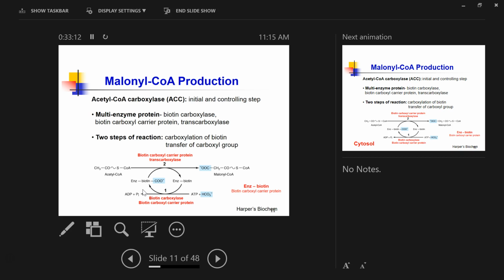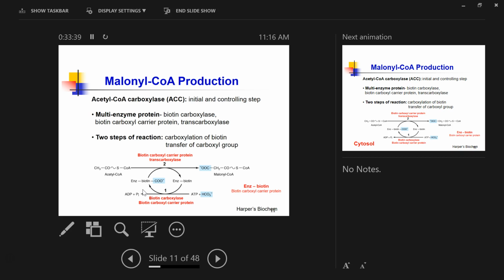So malonyl-CoA formation again is the key first reaction of the lipogenesis pathway. And this is again the key enzyme, acetyl-CoA carboxylase, ACC, the key enzyme that controls the formation of malonyl-CoA from acetyl-CoA, right?